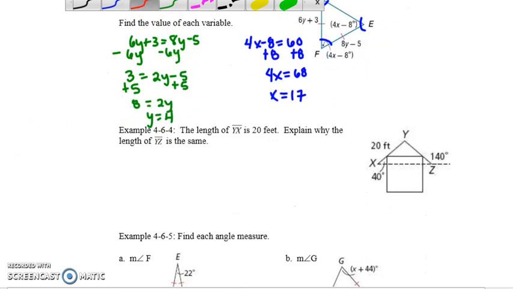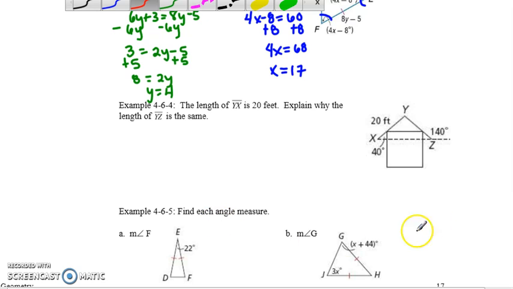So looking down here at this next example, we know that if that's 140, then this right here is going to have to be 40 because of linear pair. And if these are both congruent, which they are, then we know that this side is 20, and then that would make this side 20 as well.